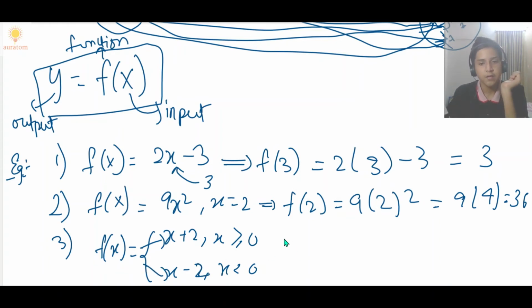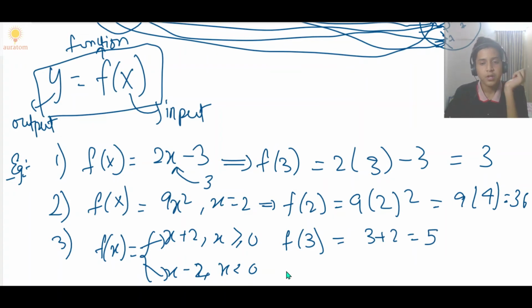So if you want to calculate the function for, suppose, f of 3, then since 3 is greater than 0, we'll calculate this function. So f of 3 is going to be 3 plus 2, which is 5.